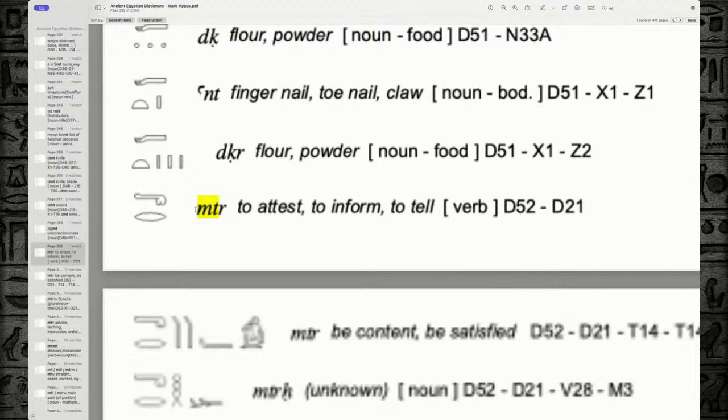Now, if you just saw this phallus glyph, a picture of a phallus and a picture of a mouth, and you were interpreting this based on its pictorial value, and you didn't know anything from anything, what would you think this is trying to say?